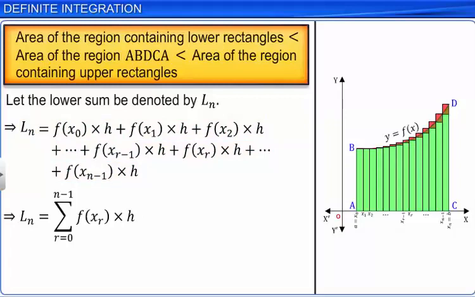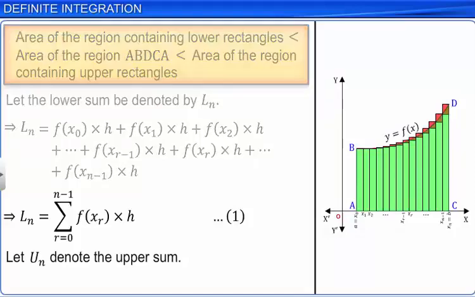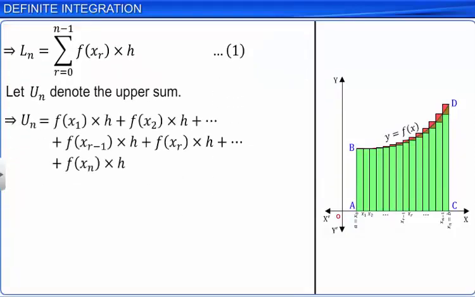Next, let U with subscript n denote the sum of the areas of the upper rectangles, or the upper sum. So the upper sum, U with subscript n, is equal to the summation of f of xr into h, where r is running from 1 to n. Let's take this as equation 2.